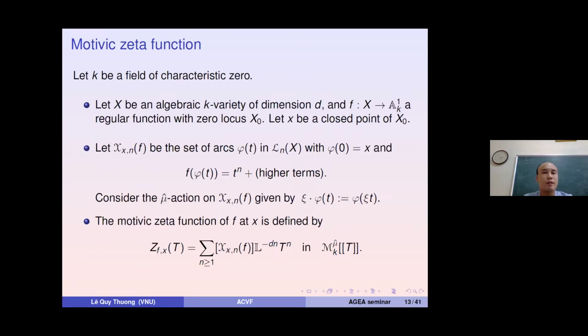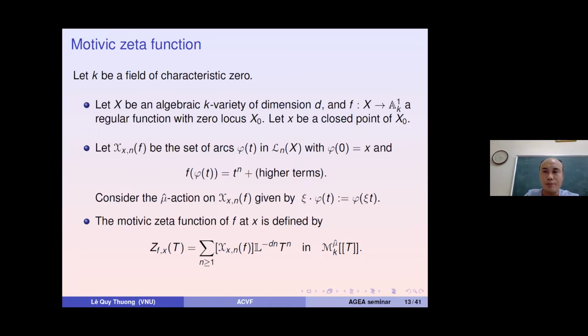So let k be a field of characteristic 0 and X be a smooth variety of dimension d, and f is a function on X, and we denote by X0 the zero locus of the function.